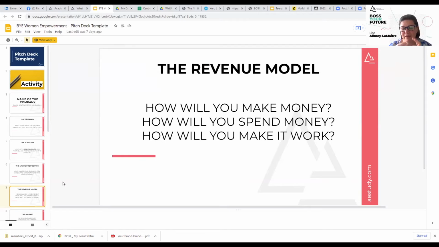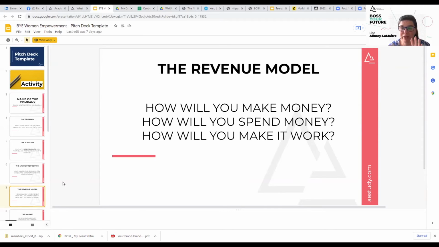So sometimes it can be financial, but it might be, we need to find some cheap or free business premises so we can work on our idea. We need to find some free or cheap marketing support or technical support. So there could be a whole host of things that you're asking for.